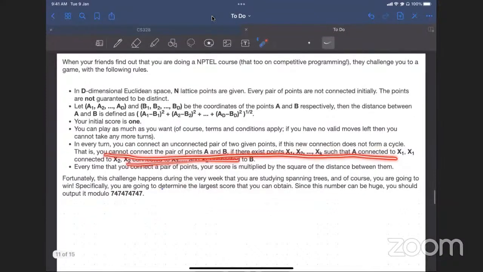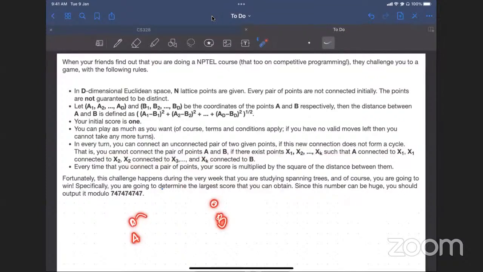The definition of a cycle, in the language of networks, is that a cycle is formed when there are at least two distinct paths between two vertices. If I have a vertex A and a vertex B, and I can go from A to B by two paths, then there is a cycle in the graph. And every time you connect a pair of vertices, your score is multiplied by the square of the distance between them.